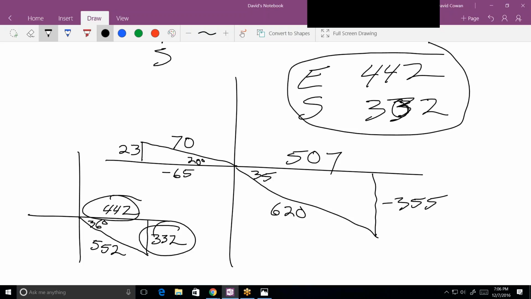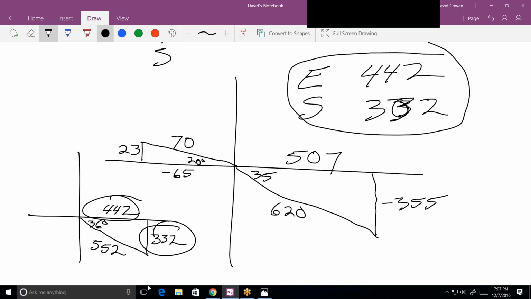The controls in the airplane are always based on airspeed and direction. So the controls in the airplane are going to say 125 degree bearing and a speed of 620 miles an hour. But in actuality, the plane is going to be aimed at a bearing relative to the ground of 126 degrees, and it's only going to be going 552 miles an hour.